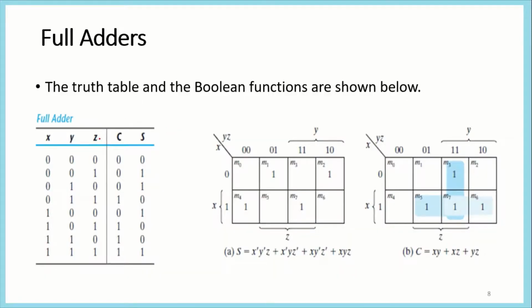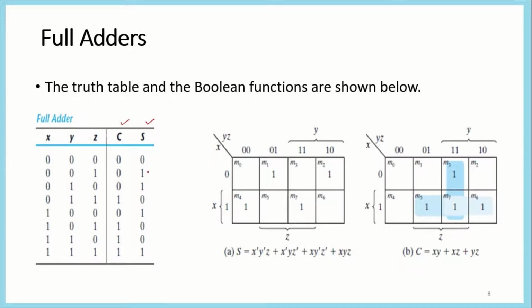The process remains the same, because when we are summing the 3 bits, whenever we have a single one in the inputs, it will correspond to a sum of 1.